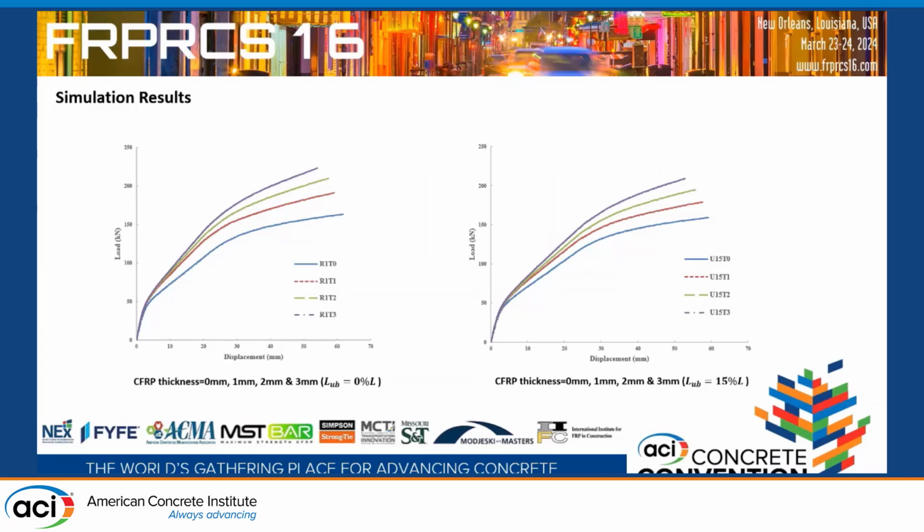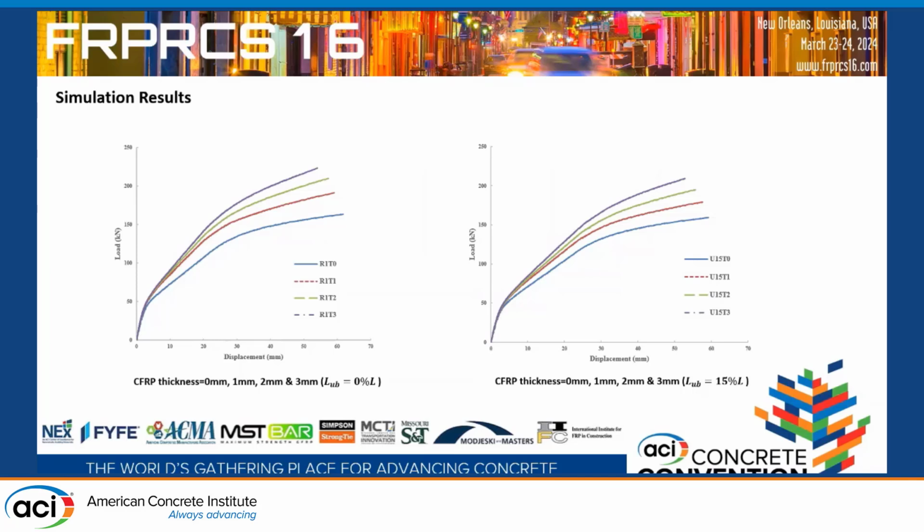The first chart is a reference beam with different CFRP thickness, and we can see from the chart that with the increase of CFRP thickness, the strength of the beam increases, but the ductility decreases.